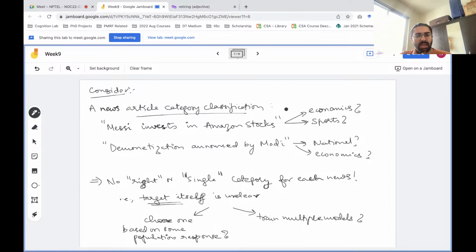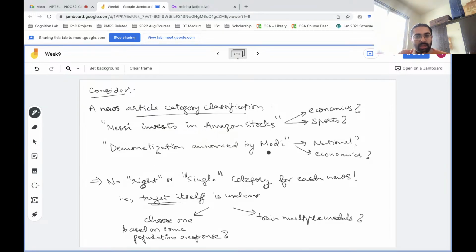Then the question comes, in what category should I classify this news? Should I put it in sports because Messi is a sports giant, or in economics because it's about investing and Amazon stocks?